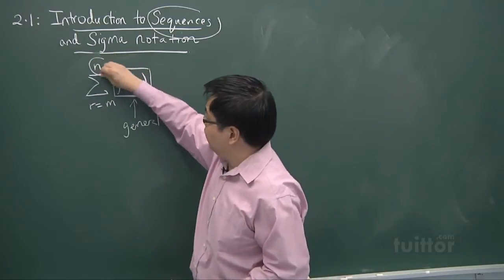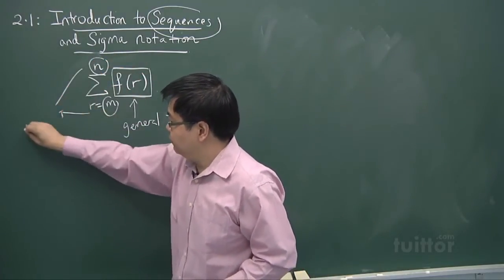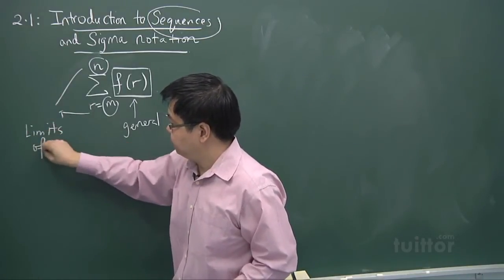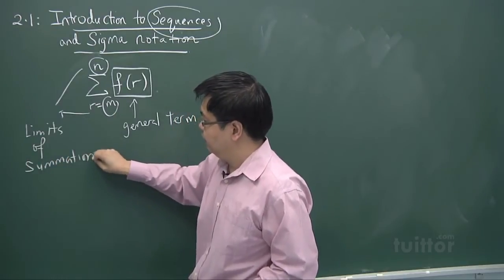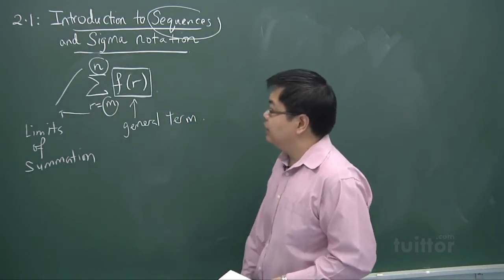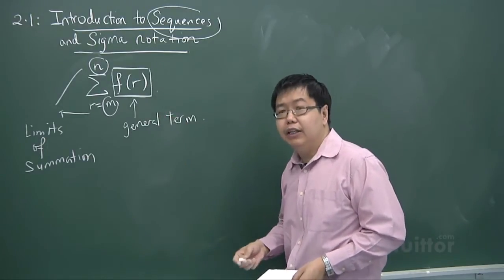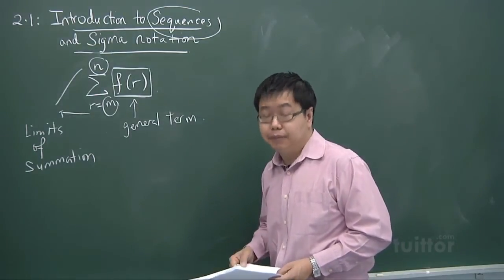And these two values are what we call the limits of summation. Okay. Now, what does this sigma notation do? This sigma notation is actually a way to represent the sum of terms in the sequence. Okay?